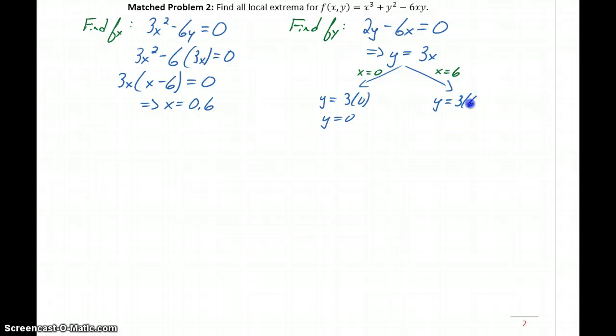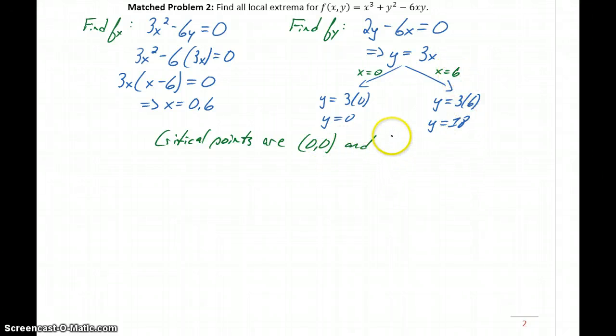Y is going to be equal to 3 times 6, which means y is equal to 18. So in this case, our critical points to consider are the point x equals 0, y equals 0, and x equals 6, y equals 18.